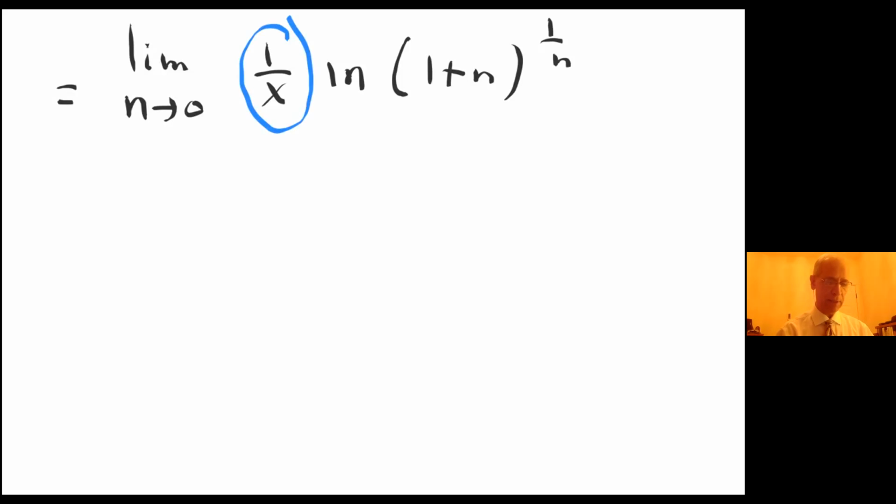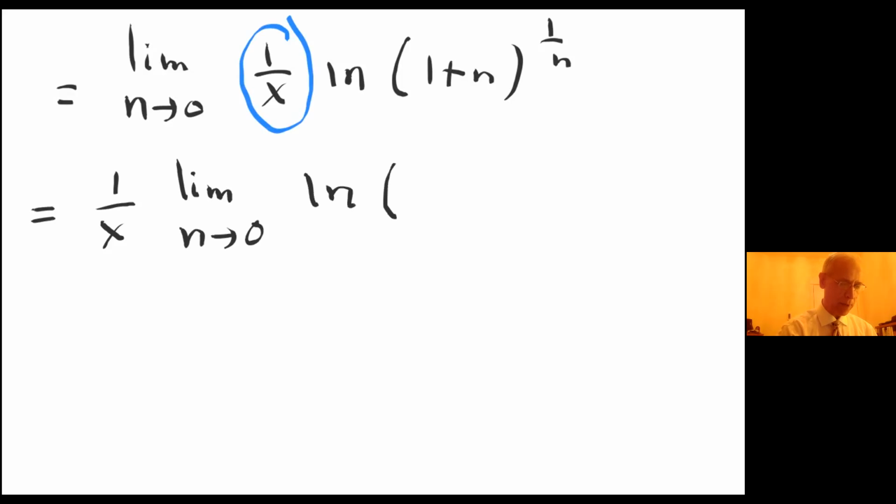So using the laws of limits, I'm going to take the 1 over x out and write this as the limit as n approaches 0 of natural log of 1 plus n to the power of 1 over n.